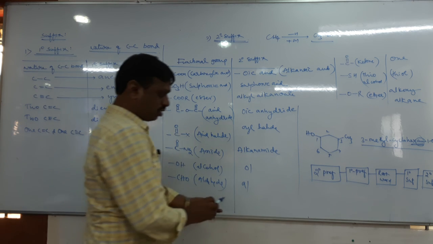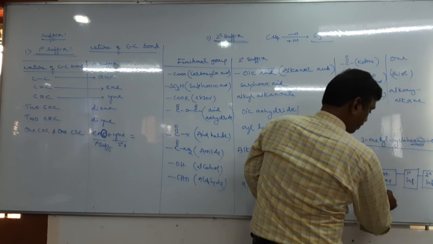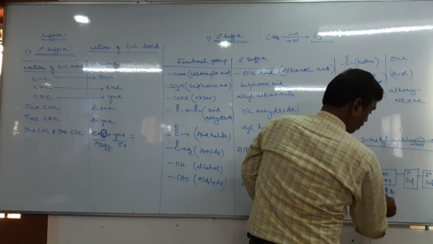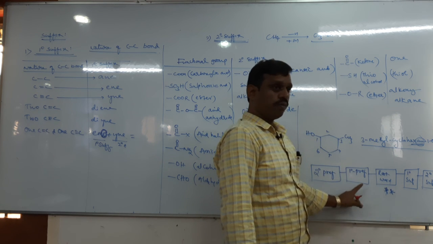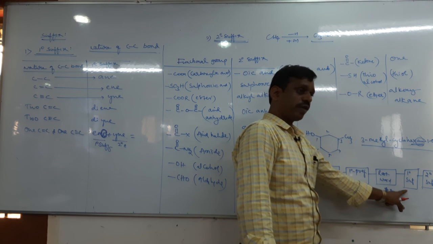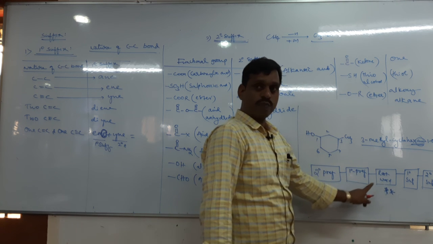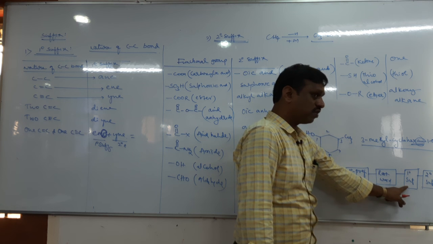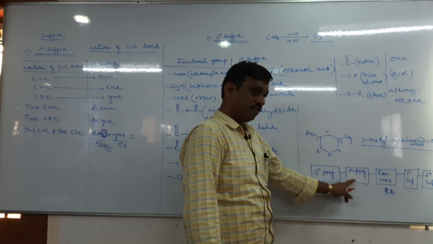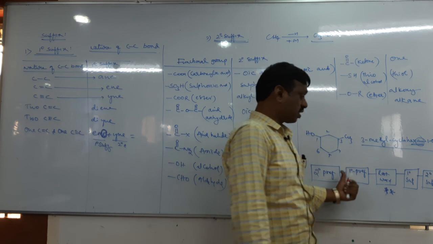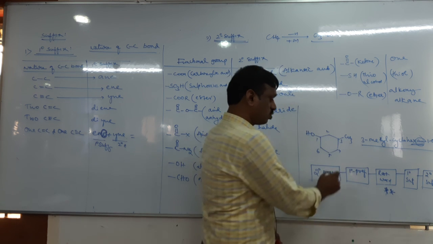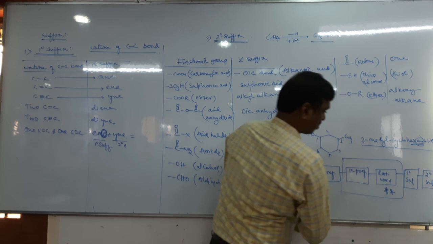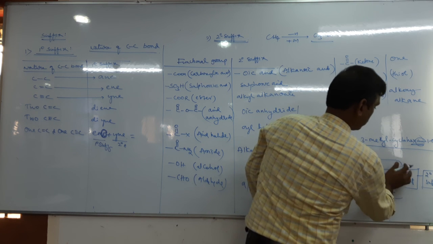The root word is in the middle, attached to the primary prefix and primary suffix. So the order is primary prefix, secondary prefix, root word, primary suffix, secondary suffix. Remember it like this.